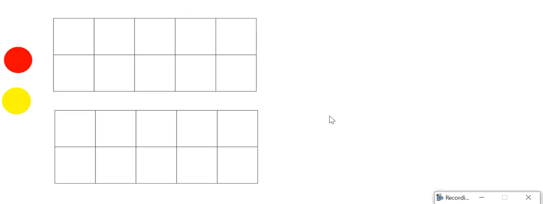Okay, so now we're going to work with some 10 frames, and I know you're familiar with those. So let's work with some addition. Okay, so I have 9.